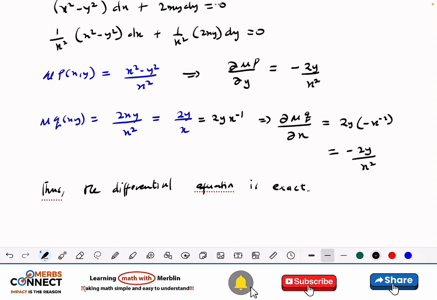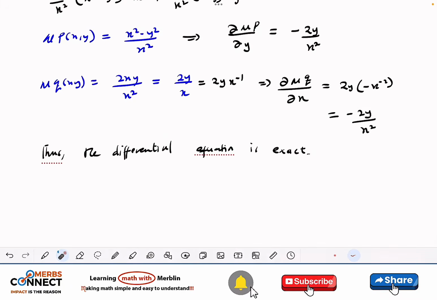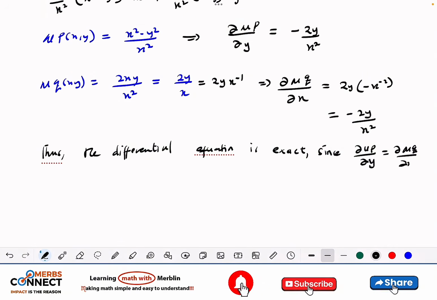It's exact now, right? Because this guy is the same as this guy. Since the partial of mu p with respect to y is the same as the partial of mu q with respect to x.